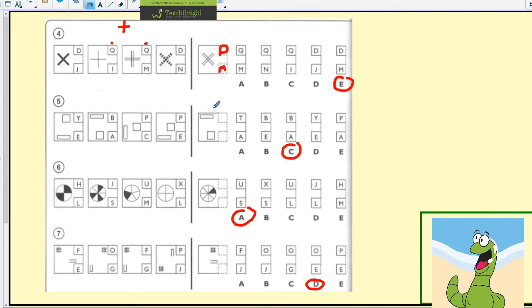Question 5, the upper letter signifies the upper shape in each figure, the top shape, and the lower letter signifies the type of bottom shape. So in this case, we have, for example, P and P, which means the highest shape is a square. In this case, we want the higher square to be a B, so we're going to match it with B here. And we want the lower shape in the question to be a square, so we want the lowest shape to match with this A. I think the mistake here, you might go, well, we worked out that P was the code for square.